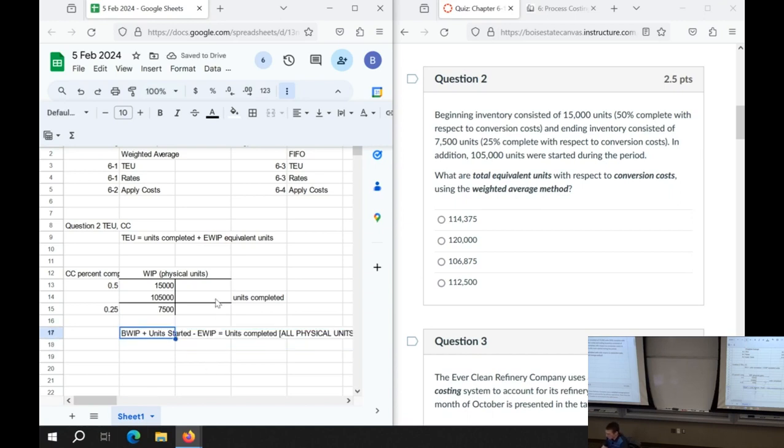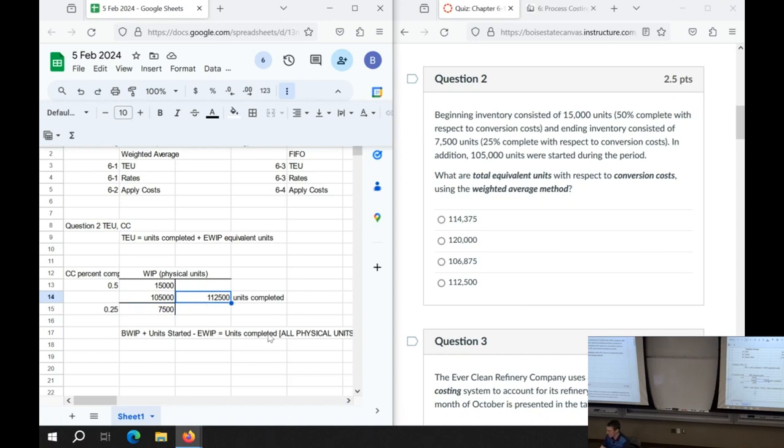If you're not as comfortable with the T account idea, you got these two minus this one. So that should balance now. We had this number at the beginning of the period, 15,000, and started, summing to 120,000. That's units beginning WIP plus units started. And we had to have left over 7,500, so subtract that away. And then the remainder has to be the number of units we completed.